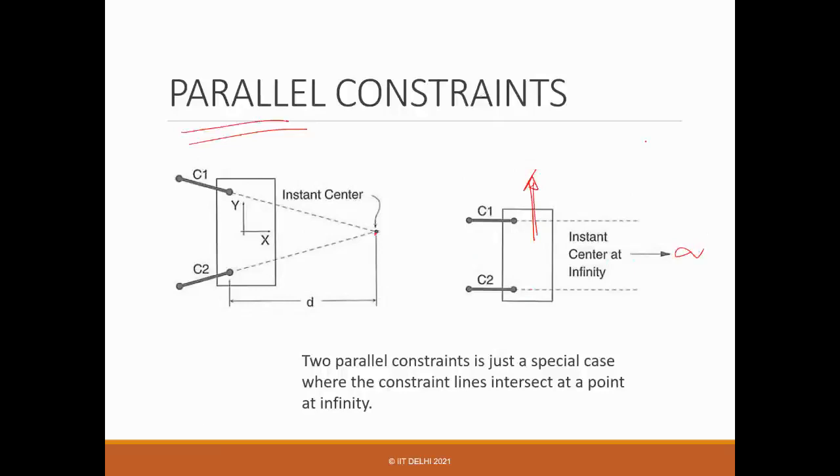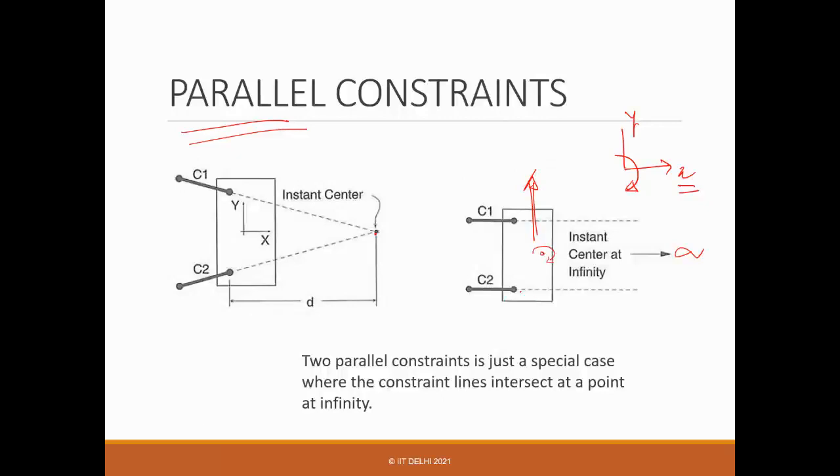So in this case, if you're talking about x, y, and this rotation, x will not happen because both are constraining. You don't say over constraint here because, okay, one is this motion, but at the same time, what about this rotation? Assume it is not at infinity, but some finite rotation here.